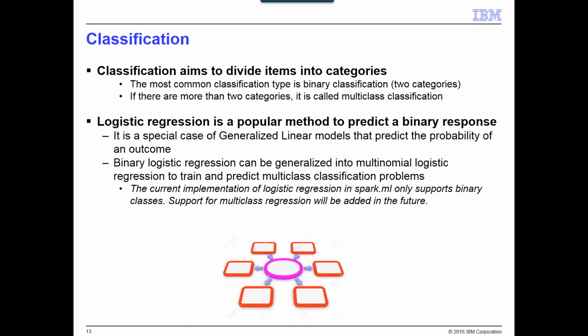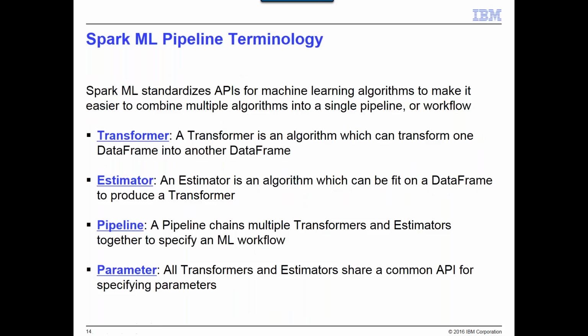You could take one category, compare it to everything else, and then keep switching the category and aggregating the results. That is possible, but a little bit more of a complication and not something that I wanted to get into in this particular session. But the ideas that I will show you here would be extensible to that kind of analysis. So let's go over some Spark machine learning terminology.